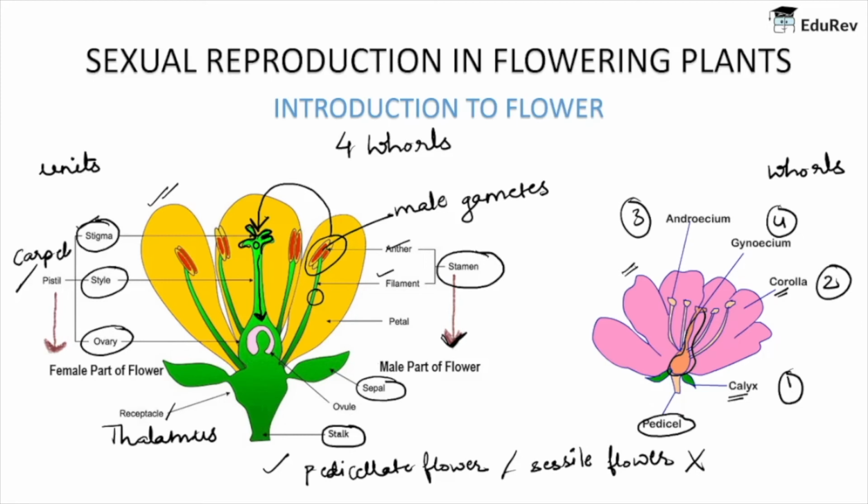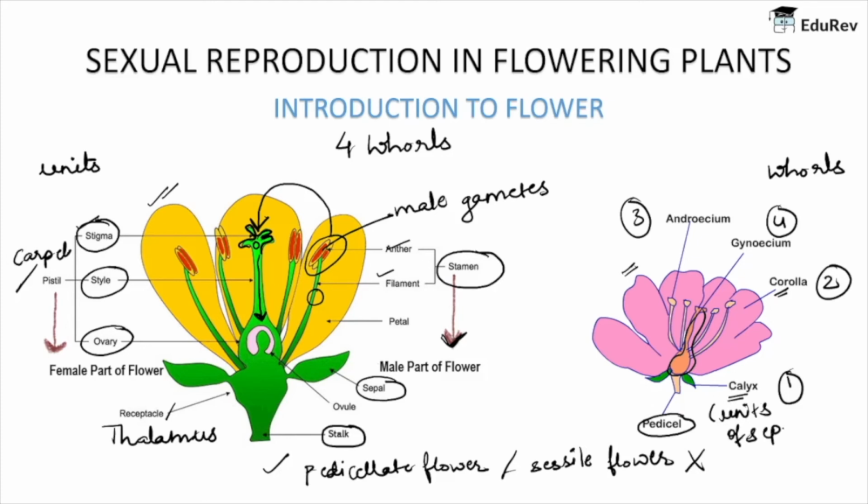Got it? So we just studied the four whorls and their units. Now let us quickly revise that a flower has four whorls: calyx, corolla, androecium and gynoecium. Inside the calyx we have units of sepals, which are green in color.